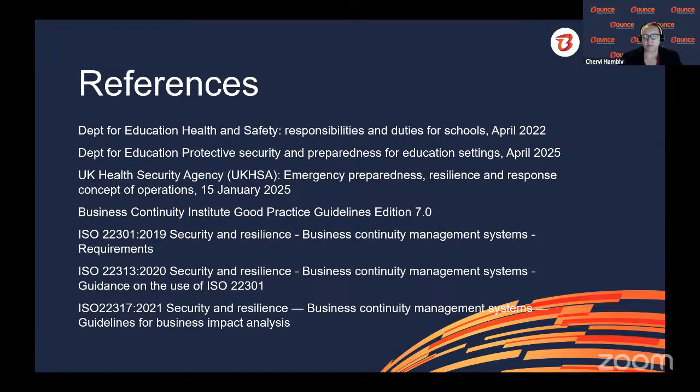In reference to business continuity, the go-to and the one I would recommend the highest would be the Business Continuity Institute Good Practice Guidelines, Edition 7. That is a fantastic resource and gives a really good nuts and bolts around everything business continuity entails. We'll be going through very high level what some of those components are, but if you're wanting a resource later on, you can certainly refer to that edition.